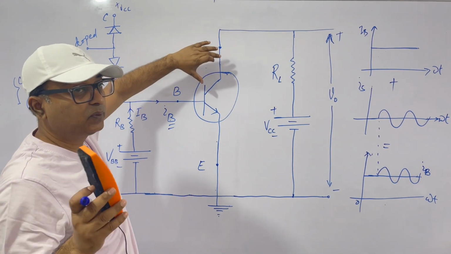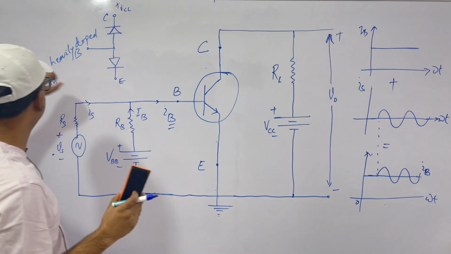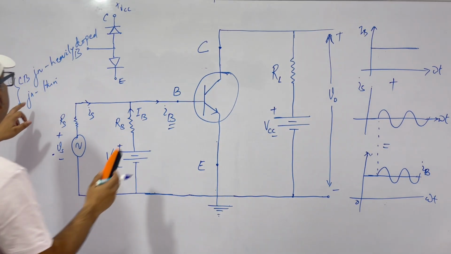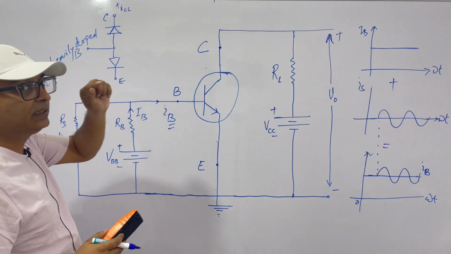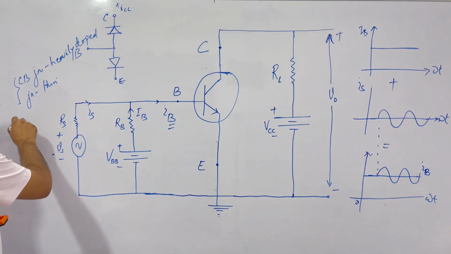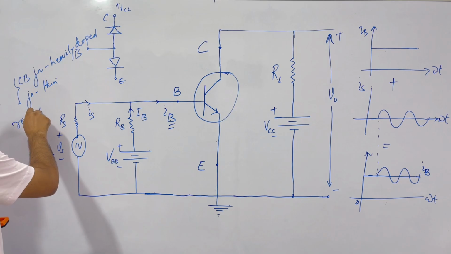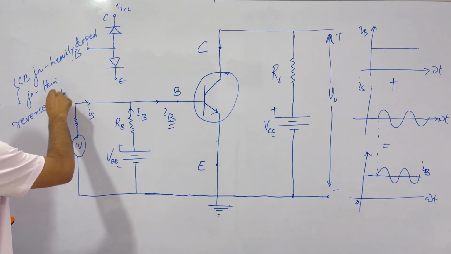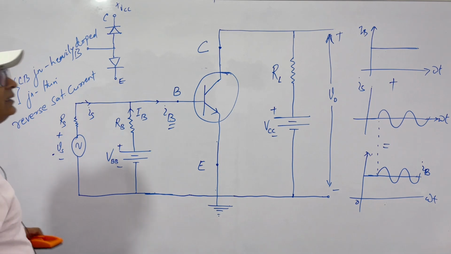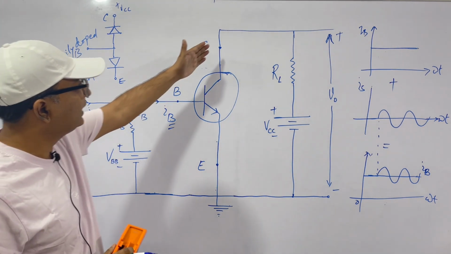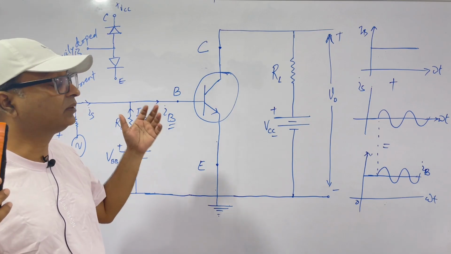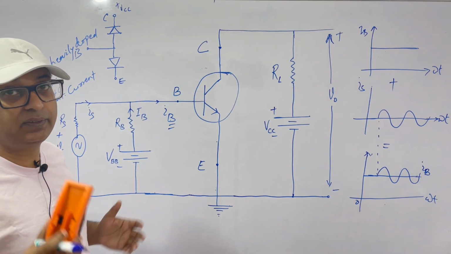Because it is heavily doped, what will you have? You will have more free electrons and holes. So it is heavily doped and the junction is very thin. What happens then? Because of this, the reverse saturation current, if you remember from the diode, the avalanche and the breakdown current, starts to flow, and the magnitude is very high.